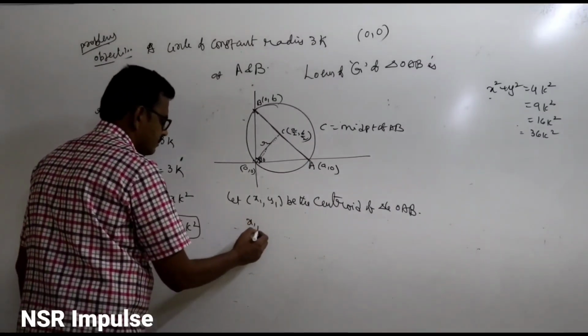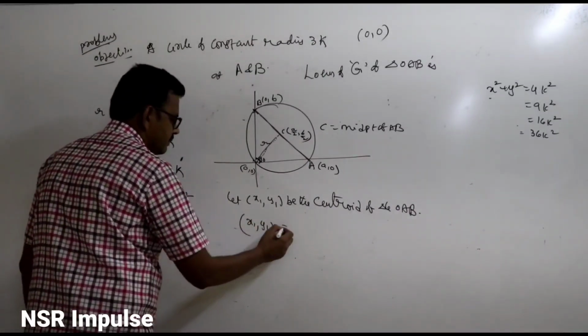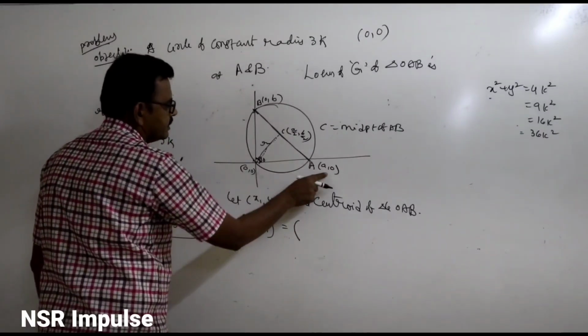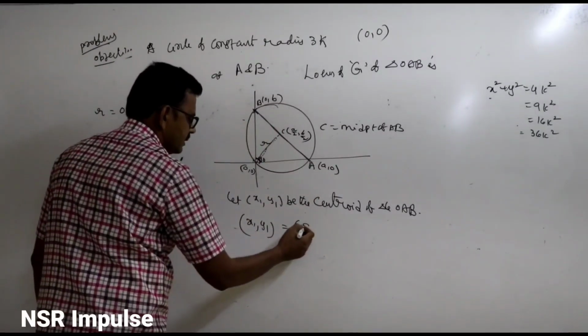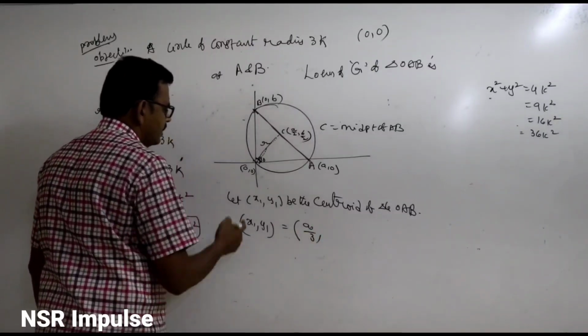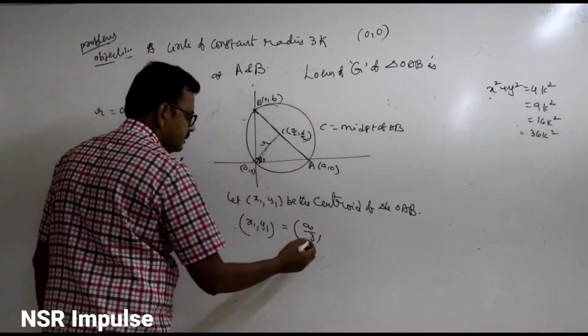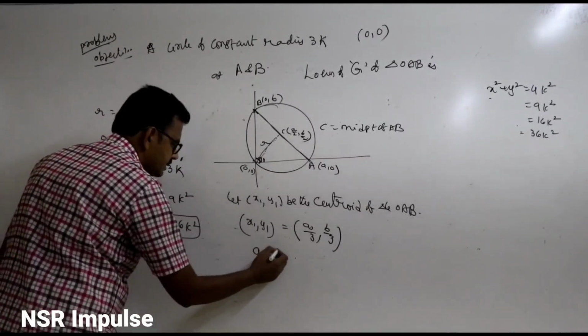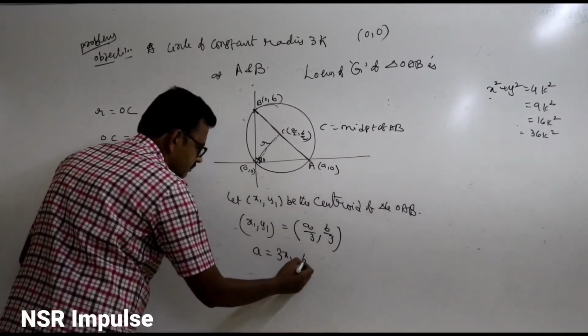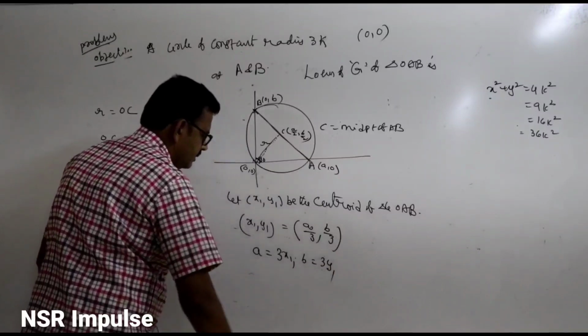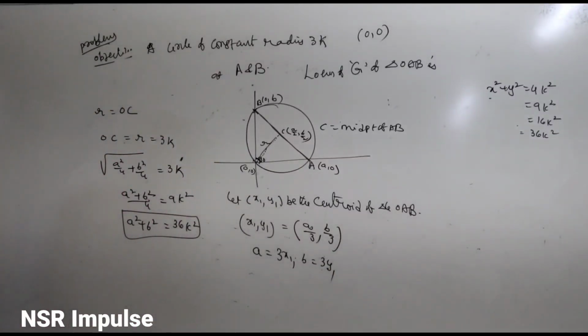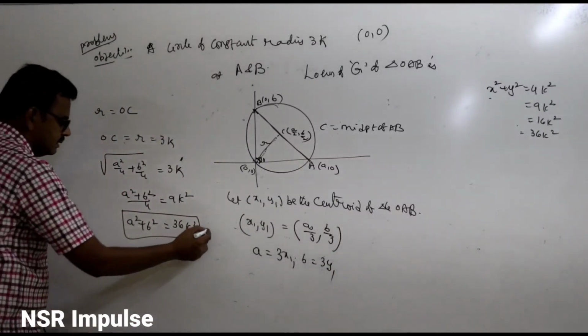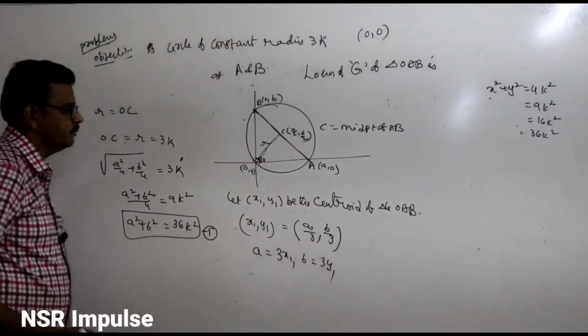Therefore, x1, y1 is equal to centroid of triangle, x1 plus x2 plus x3 by 3, that is A by 3, y1 plus y2 plus y3 by 3, that is B by 3. Therefore, A is equal to 3x1, B is equal to 3y1. Now from this, here, from 1.